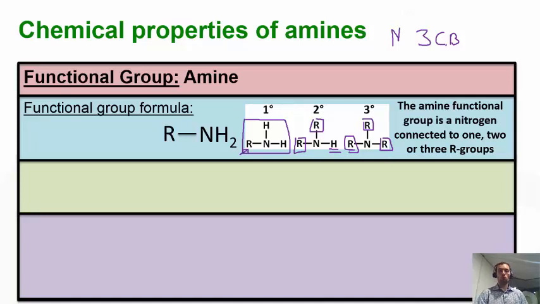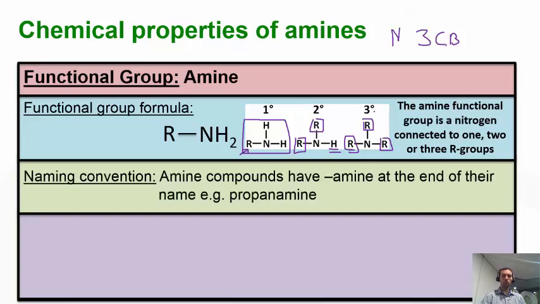Although all of these are considered the amine functional group, it can attach to different numbers of R groups. I'll show you a way to designate a 1 R group, 2 R group, and 3 R group amine by using the nomenclature of primary, secondary, and tertiary. We'll look at that a little bit later on.